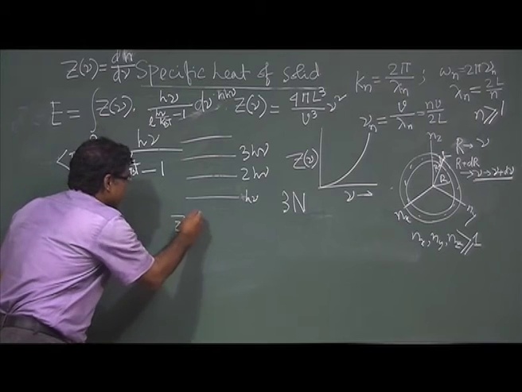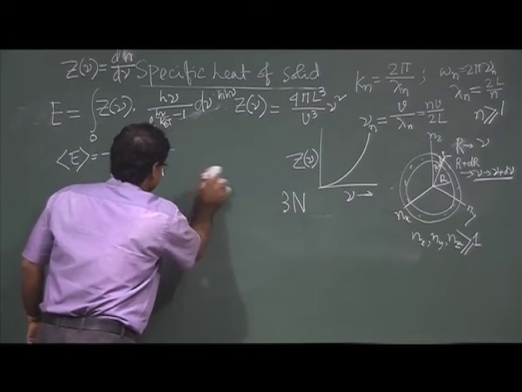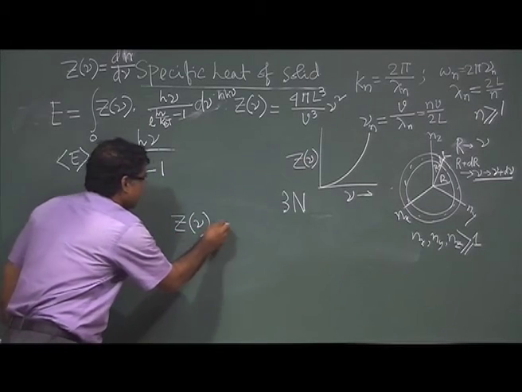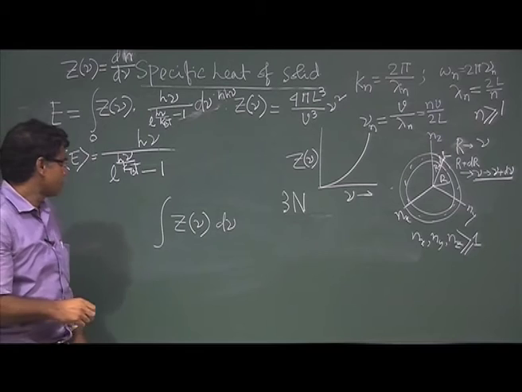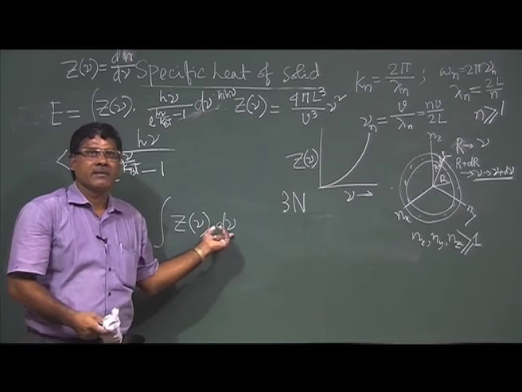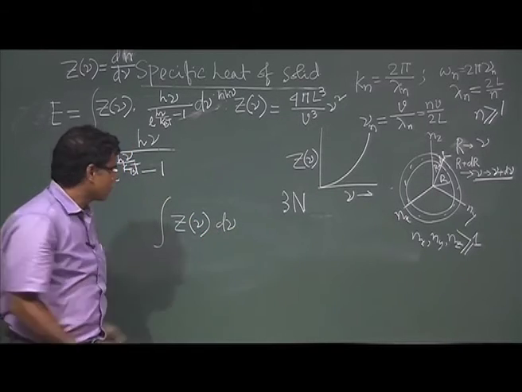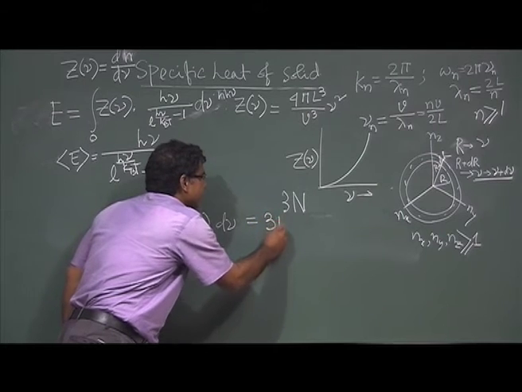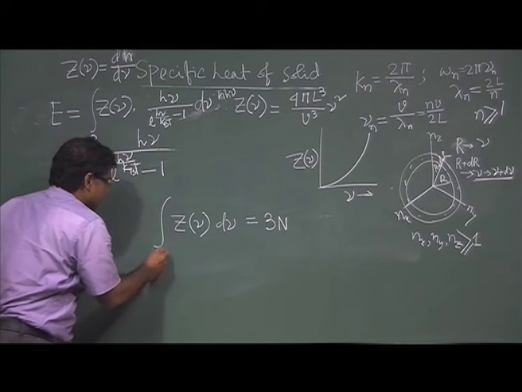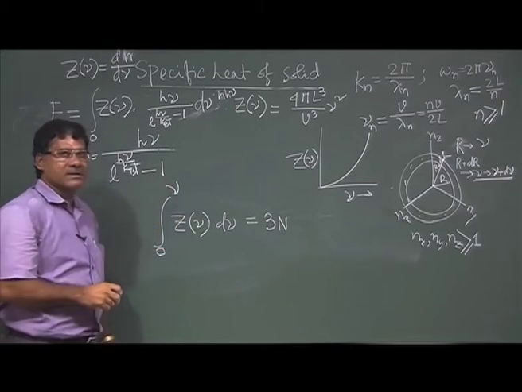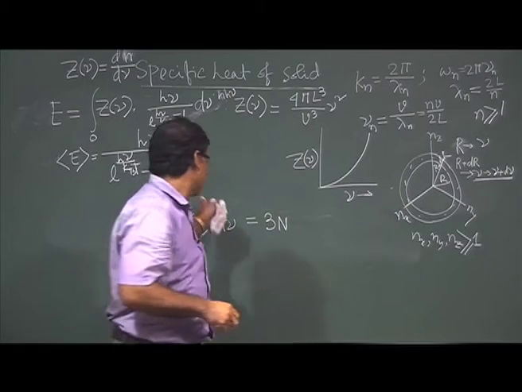Now, if I integrate over nu, I will get the total number of modes. This total number of modes has to be 3n. So, what will be the frequency limit? That is called the cutoff frequency, the Debye frequency. So, we write nu d, and we will find out the value of nu d.